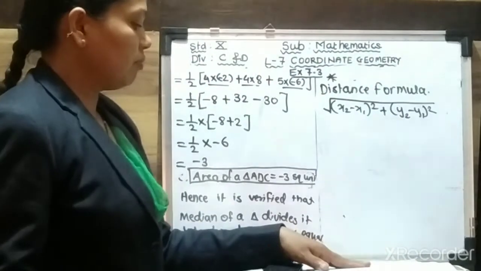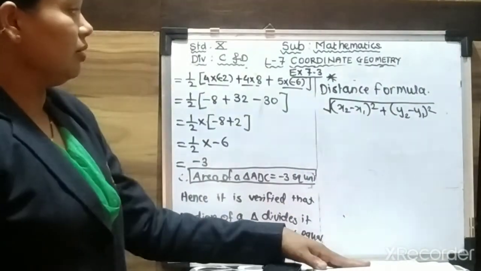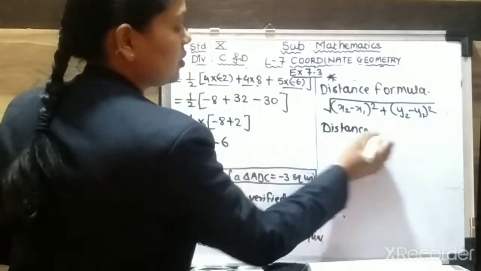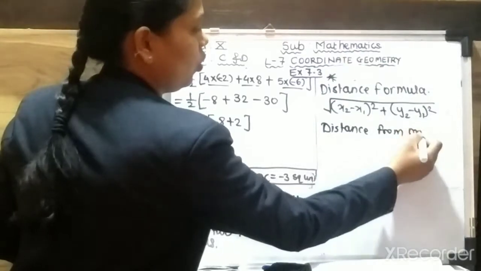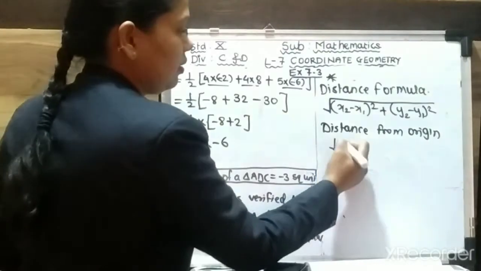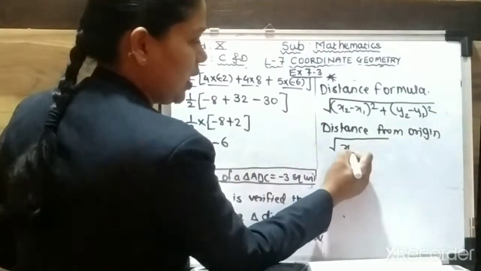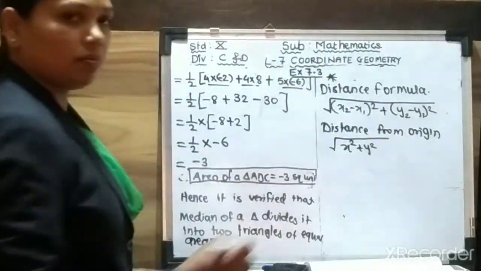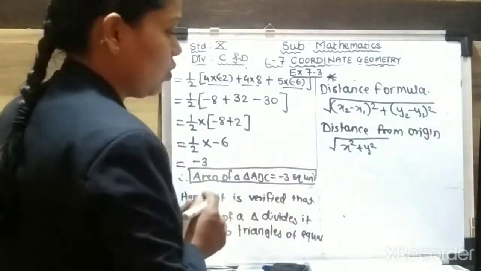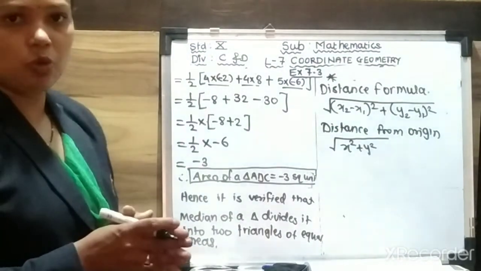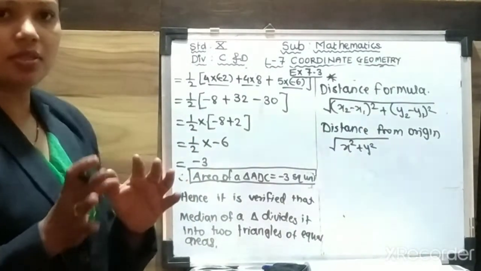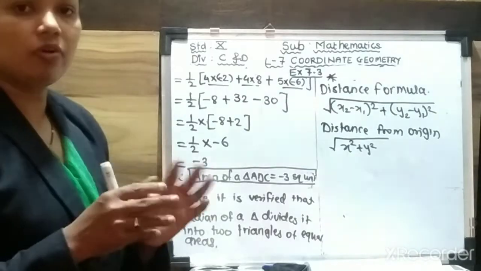Then we have moved on. Next, when we have the distance from the origin, what are the coordinates? 0 0. So at that time we are supposed to use this formula, under root x square plus y square, right? Now the third one which we have seen is when the ratio m1 to m2 is given, when it divides a segment internally in m1 is to m2.